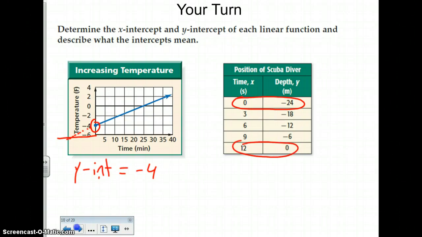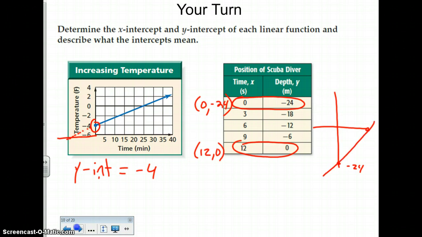In this one, I have 2 zeros, and it's always a little tricky for students to determine which one is the x-intercept and which one's the y-intercept. One way is to think of this as an ordered pair, and we have in the first one the ordered pair 0, -24. So at 0, we'd go down to -24, and I'm just sketching this out quickly, and then at this point we'd be at 12, 0. So we'd go over 12, up 0, and we'd have a line.